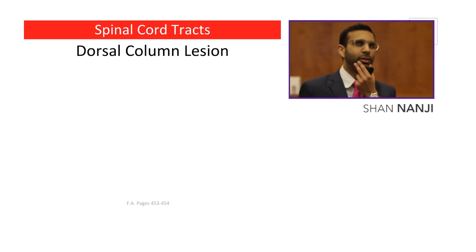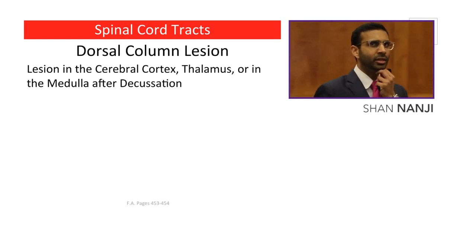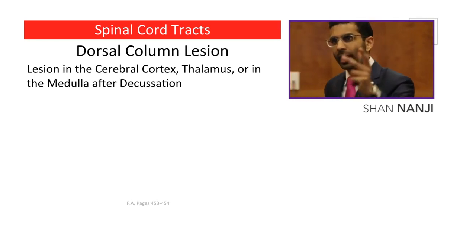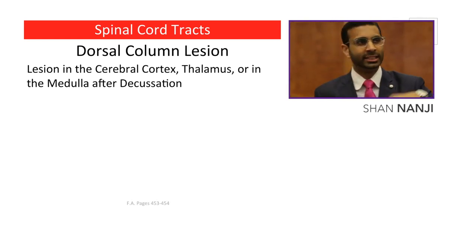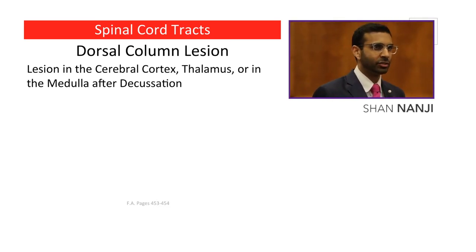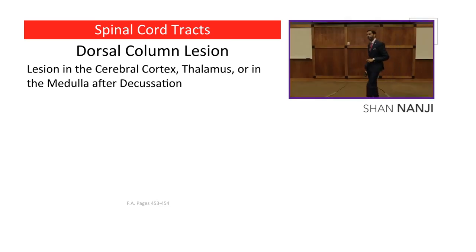A dorsal column lesion. A lesion in the cortex, in the thalamus, or in the medulla after the decussation is going to result in opposite loss of relevant sensations. Check it out. It decussated in the medulla, and then it went up, because it's an ascending tract.